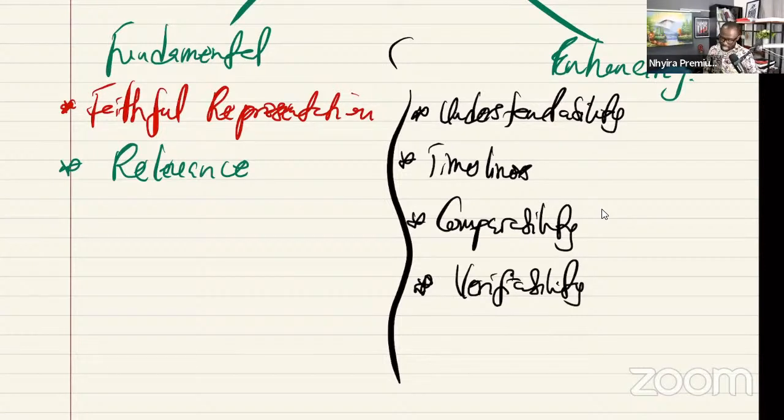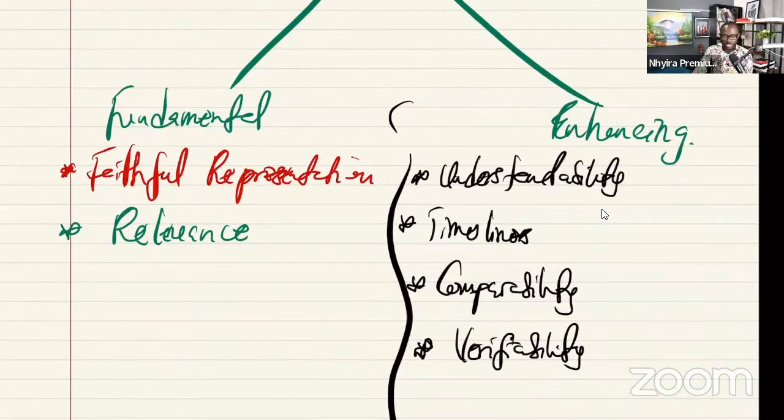So these are the qualitative characteristics that a set of financial statements is expected to have: faithful representation, relevance, understandability, timeliness, comparability, and verifiability.